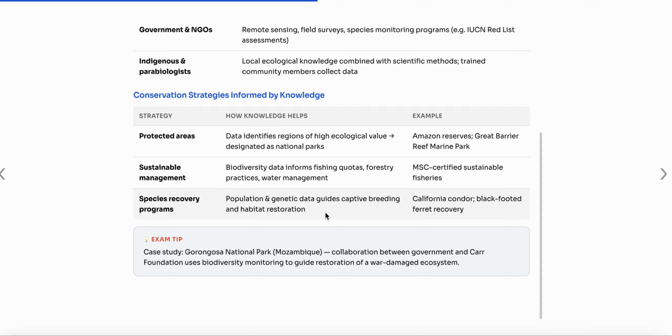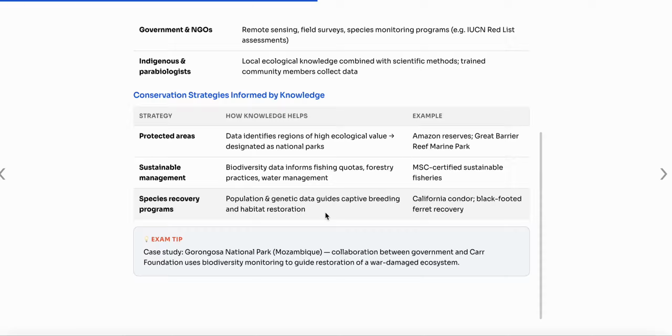Now we have labeling, where we can be mindful whenever we buy anything, checking whether it is from MSC certified sustainable fisheries or not. You can be a responsible citizen and make sure that your actions don't impact biodiversity.